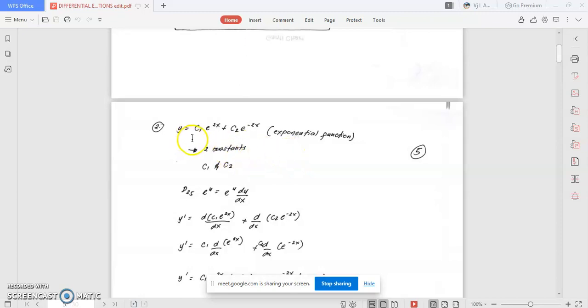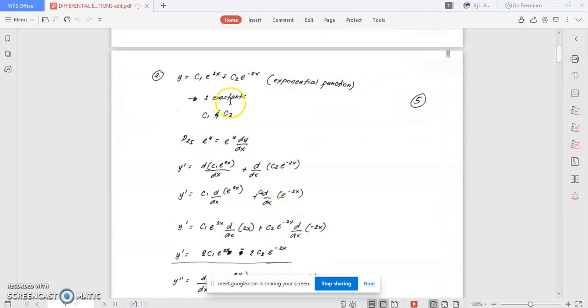In order to know how many times we will differentiate our given equation, we look at the number of arbitrary constants. If you can see here, you have two arbitrary constants, c sub 1 and c sub 2.